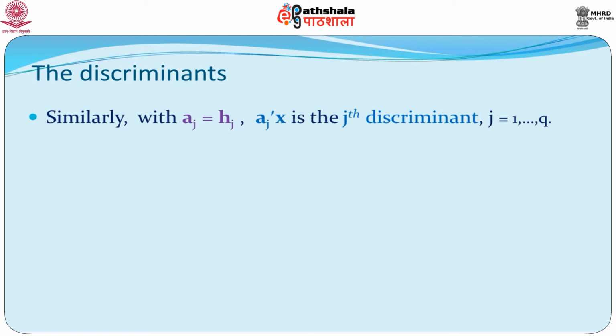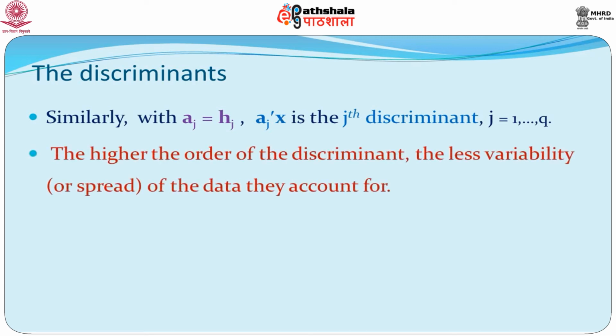The higher the order of the discriminant, of course, the less variability of the data they account for. So, the first discriminant accounts for the maximum variability, and inevitably this is the one which is almost always chosen, and as we go along to a2, a3, etc., it accounts for less and less variability.